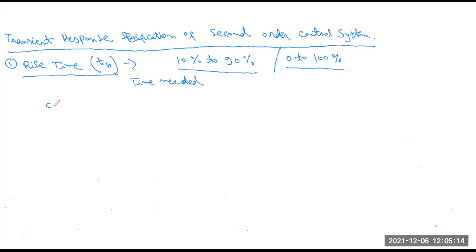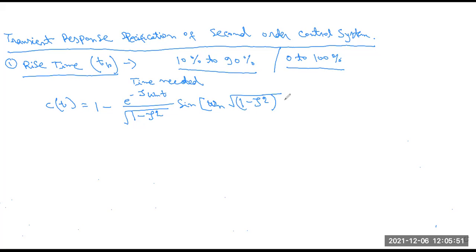So this time is calculated from the second order control system equation. We know that c(t) equals 1 minus e to the power minus zeta omega n t divided by root over of 1 minus zeta square, into sine of omega n root over of 1 minus zeta square into t plus phi.